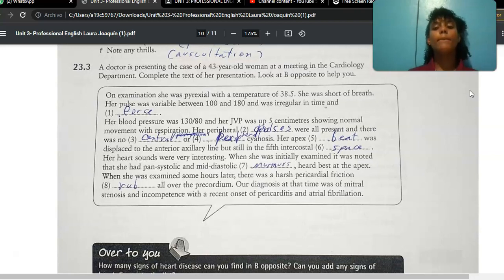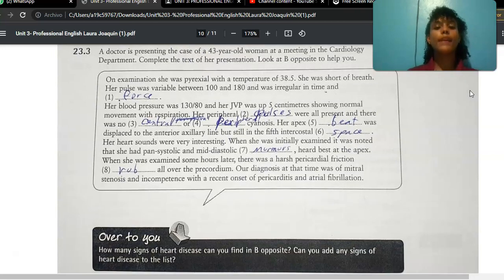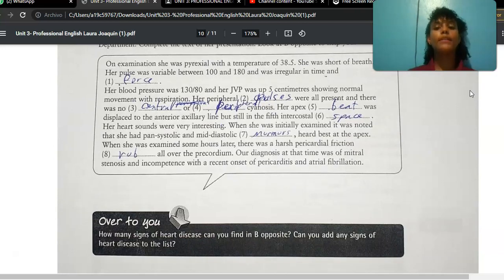Her apex beat was displaced to the anterior axillary line but still in the fifth intercostal space. Her heart sounds were very interesting. When she was initially examined, it was noted that she had pansystolic and mid-diastolic murmurs.